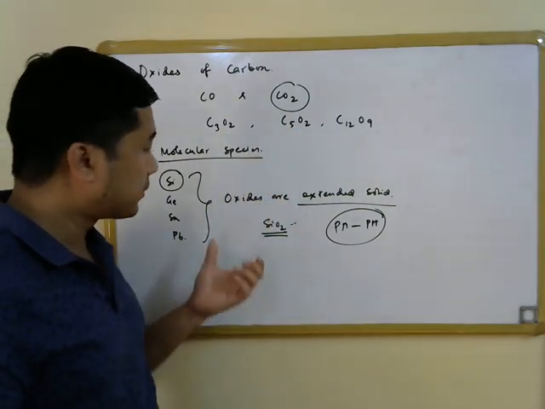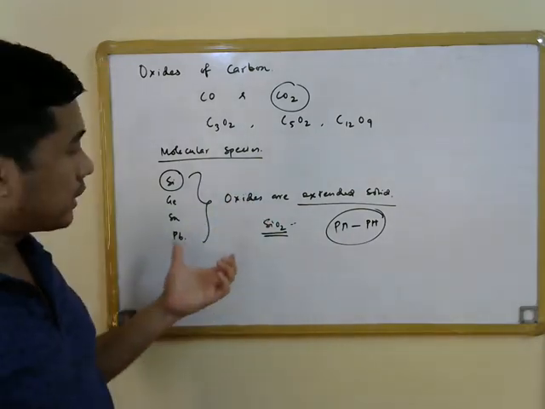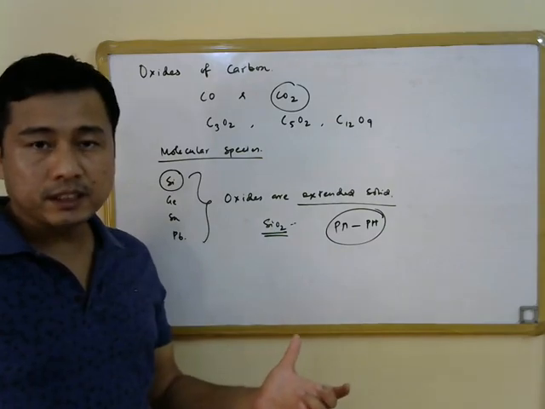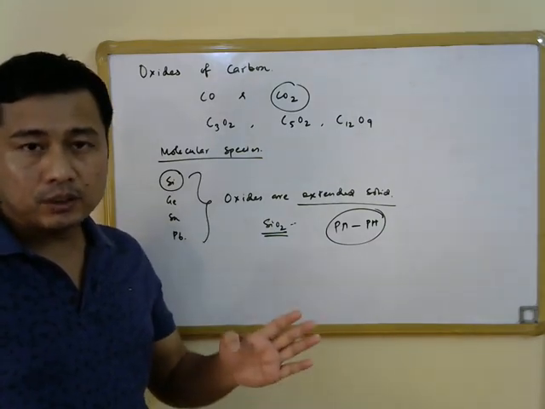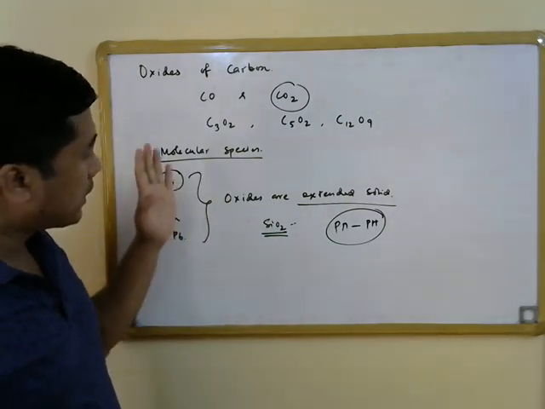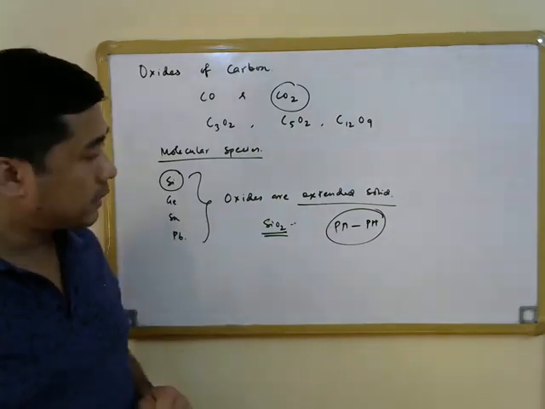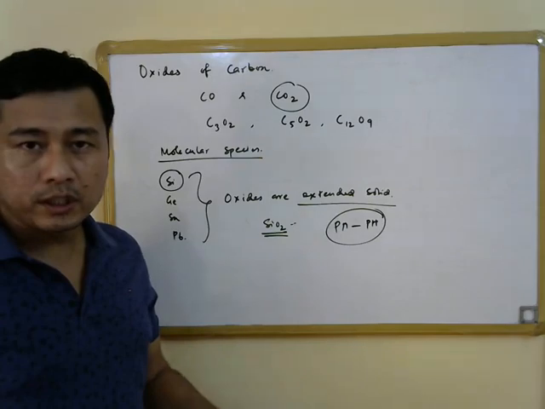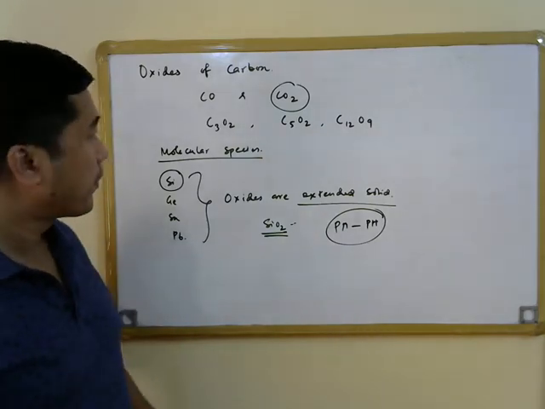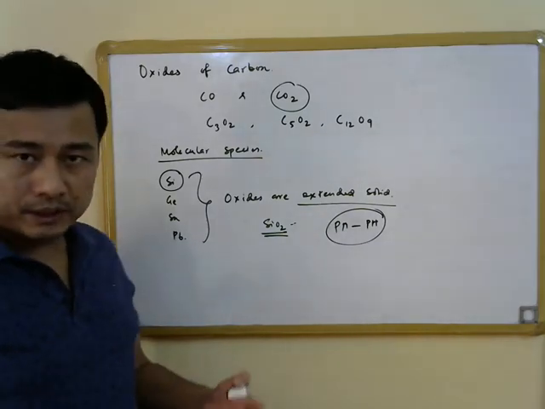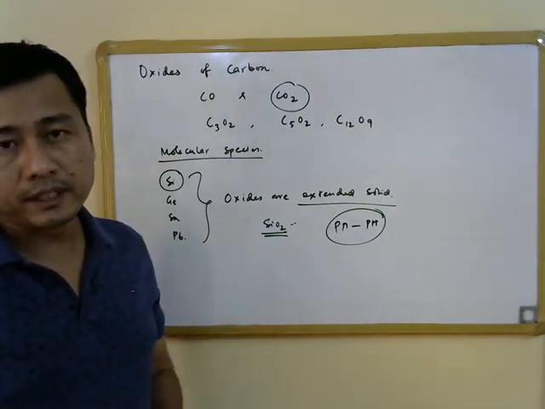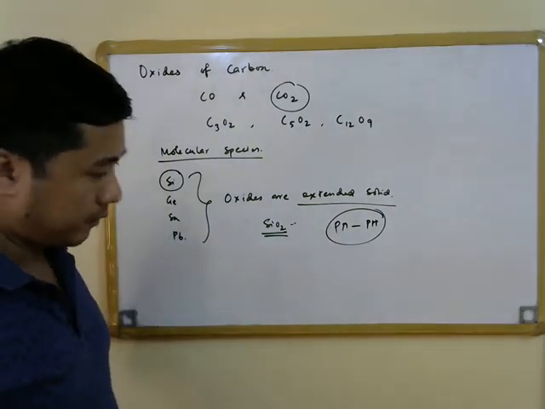In the other group 14 oxides, p pi linkages are absent because of the difference in energy between the orbitals of the group 14 element and the orbitals of oxygen, and that is why we have extended solids which have high melting points. So that is the basic difference between the oxides of carbon and the oxides of other group 14 elements.